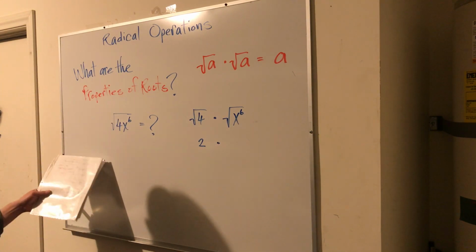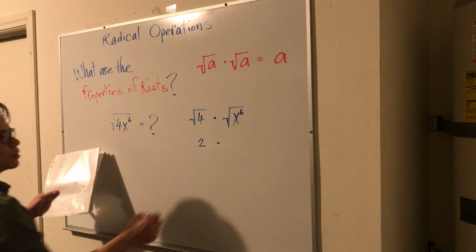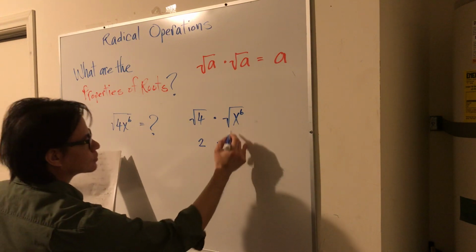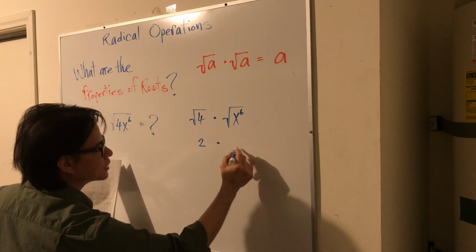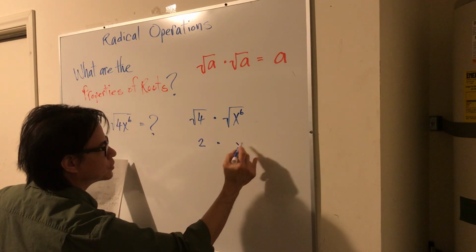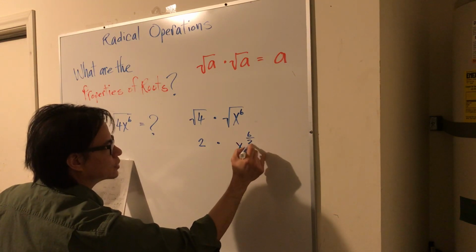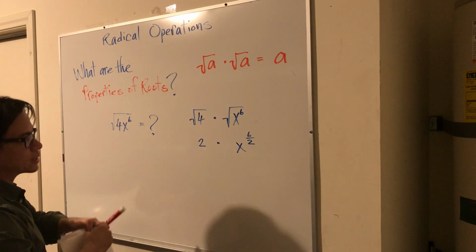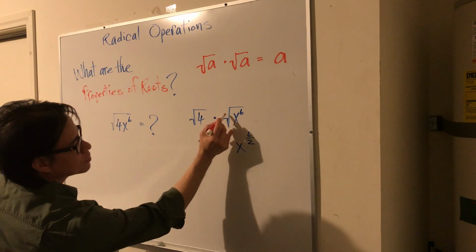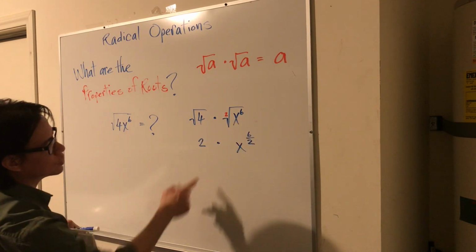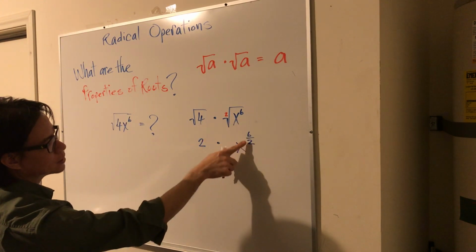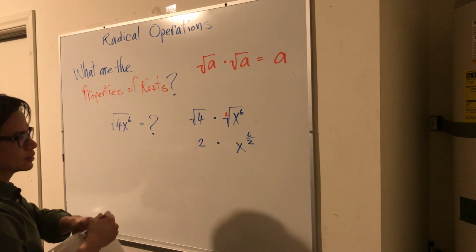Now, for this second part here, you can write square root of x to the 6th as x to the 6 over 2. And the reason is because you can assume that there's a 2 here. This will be your denominator, okay? The 6 will be the numerator up top.